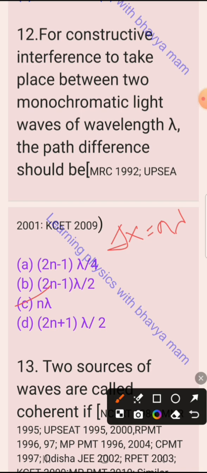So path difference may be 0, or 1 lambda, or 2 lambda. When the crest of one wave falls on the crest of the other, or trough on trough, they interfere constructively and produce bright fringes. So the path difference must be n lambda.